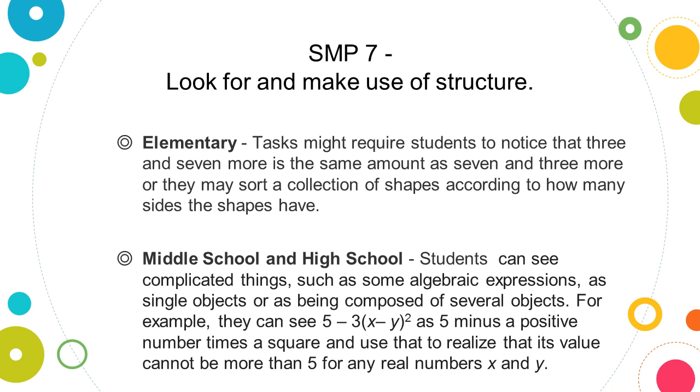So you can see my example there, 5 minus 3 times (x minus 2) to the second power. They see that as 5 minus a positive number times a square, and use that to realize that its value cannot be more than 5 for the real numbers x and y.